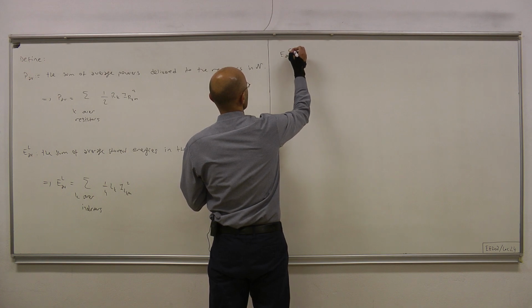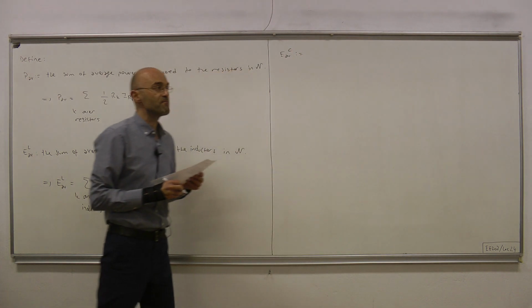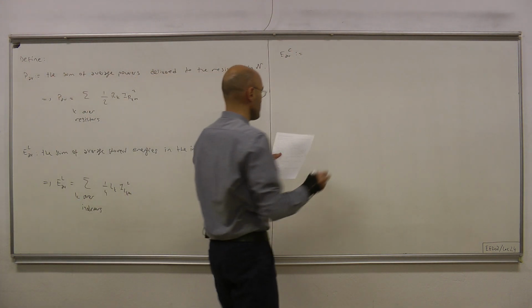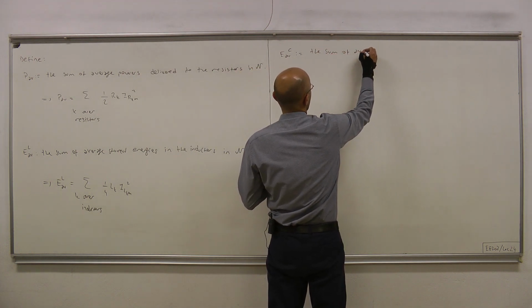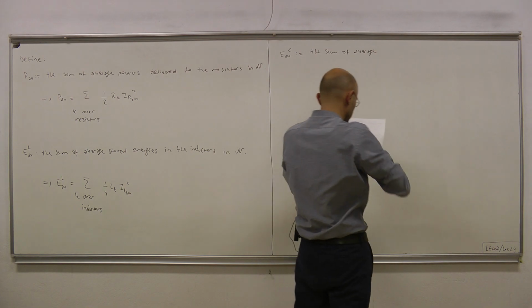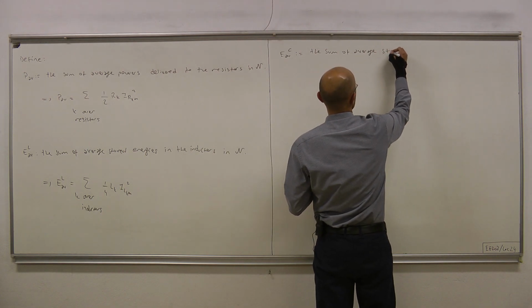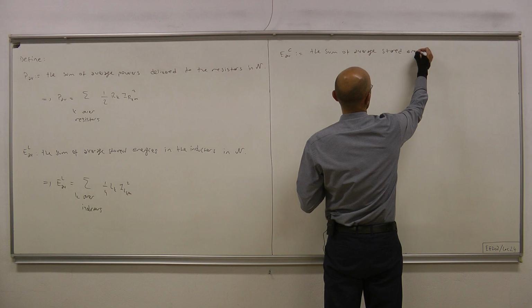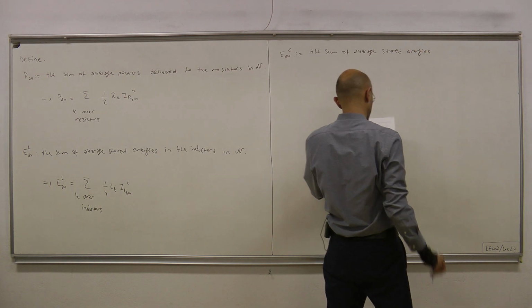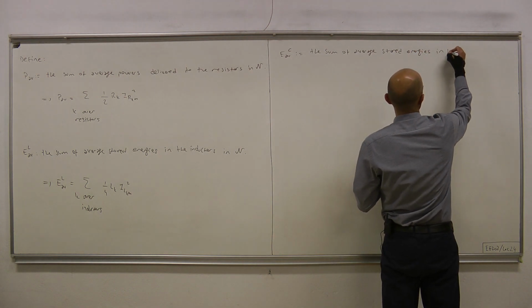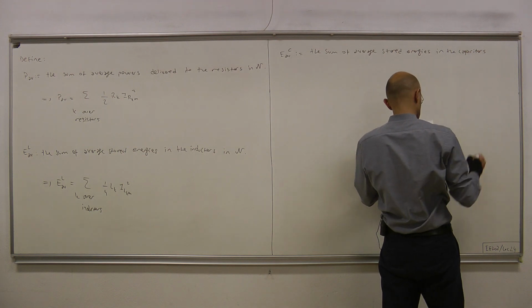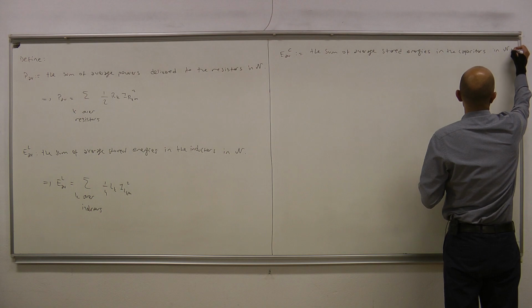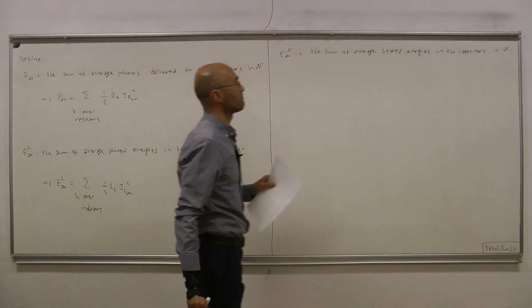E average superscript C is the sum of average stored energies in the capacitors in our one port.